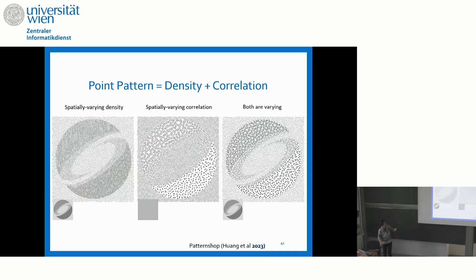And then you can mix them up and have both varying density and correlation. So here is the density map that you can see. You have the same density map for the first and the last example, but the correlations are changing.